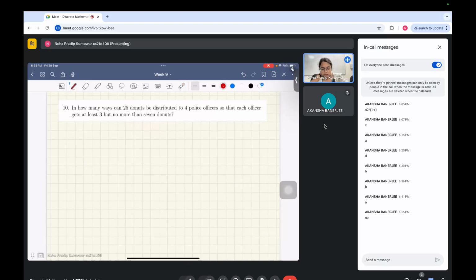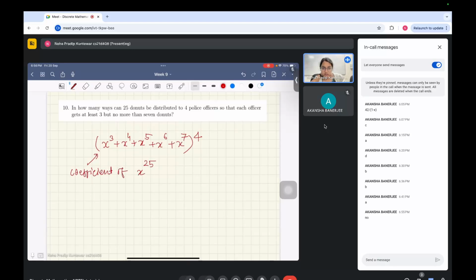So let's write down what would be the polynomial for the first policeman. x power 3 plus x power 4 plus x power 5 plus x power 6 plus x power 7. And this will happen for all the 4 of them. So this is what you have, and you are interested in the coefficient of x to the 25 in this.